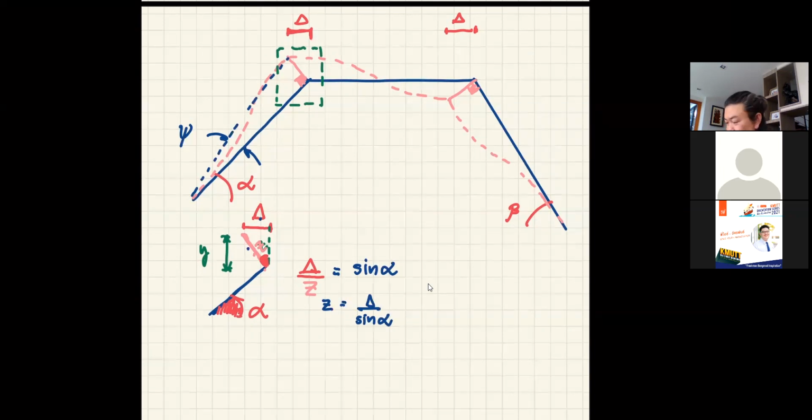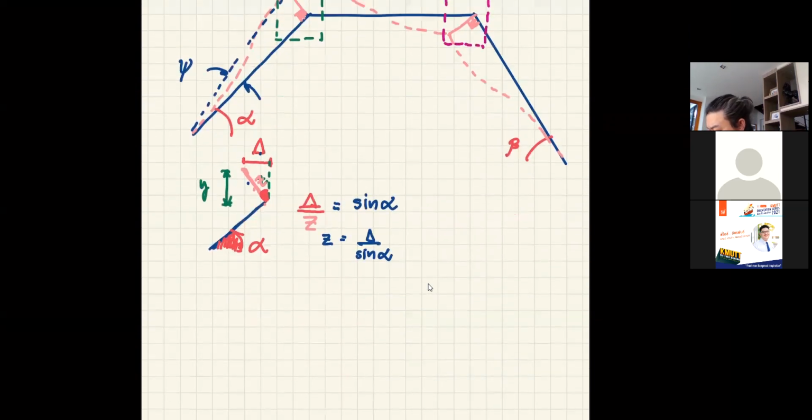And now let's move on to this member. It's going to be the same, but let me try to find a different color. Maybe this one. In similar fashion with the green dotted rectangle, now I have this member, the second one, and I have this as beta.